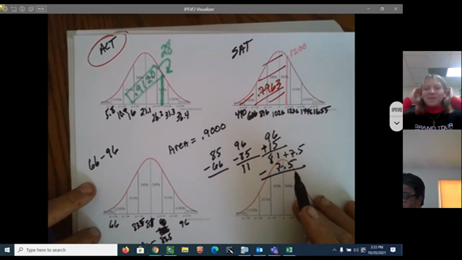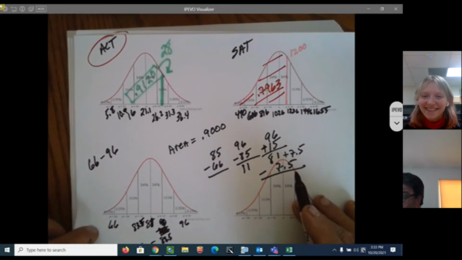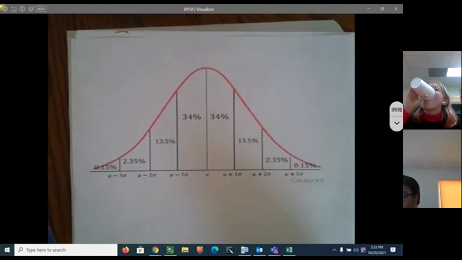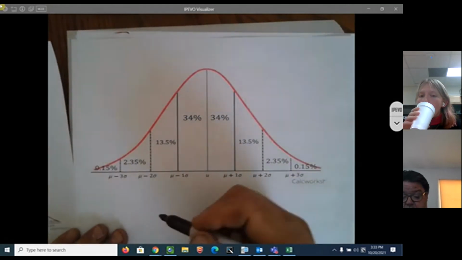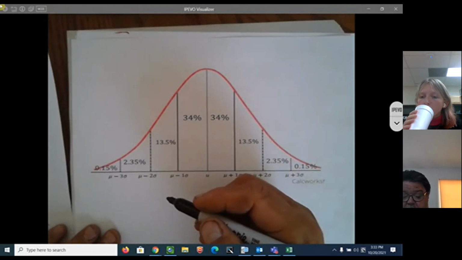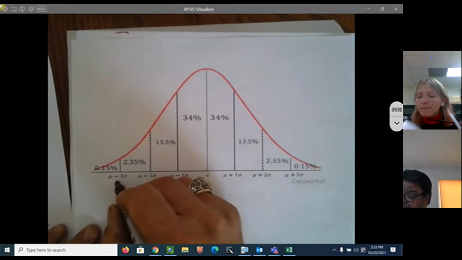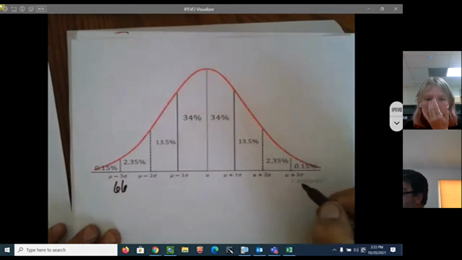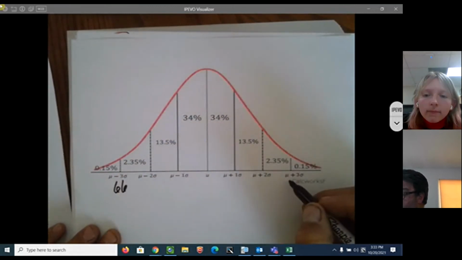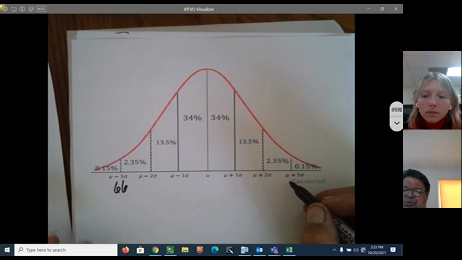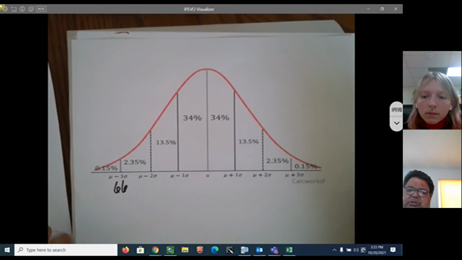I got this question wrong both times that I took the test. Well, first of all, I gotta get where I can write. Hold on a minute. Let me get one of these so I can write. These are too small. All right. 66 to 96. See, what they're not telling you is if it's 2 standard deviations or 3 standard deviations.